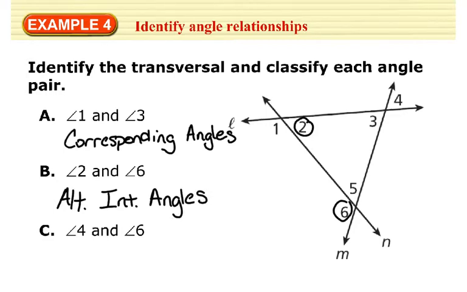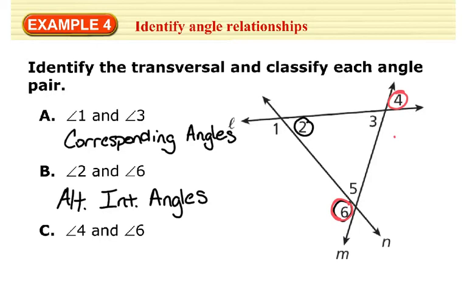Now let's look at 4 and 6. Right here and here. Again, our transversal line changed according to what angle we're looking at. So here our transversal is line M. And our angles 4 and 6 are again on opposite sides of that transversal.